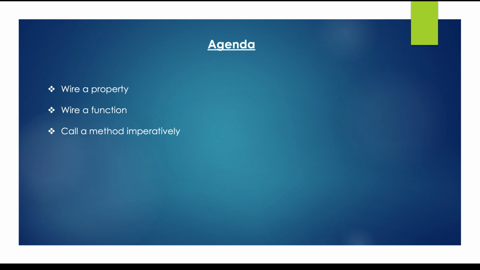So let's start. In today's agenda, there are three ways of calling your Apex method from Lightning Web Components. One is wiring a property, where you call an Apex method, get a response, and directly map that response to one of the properties.